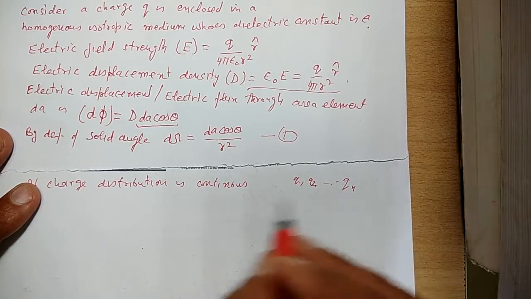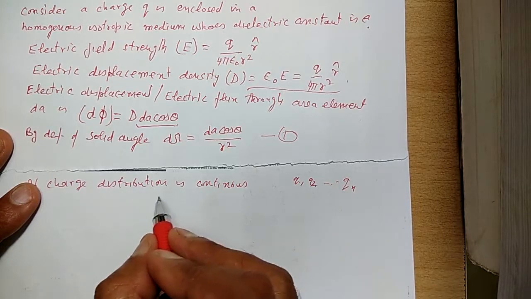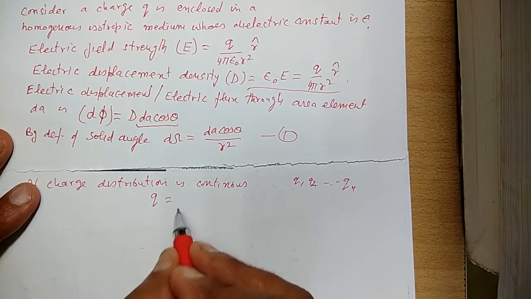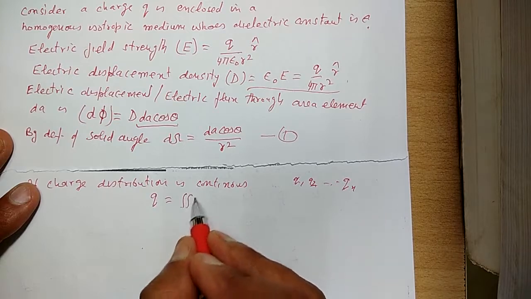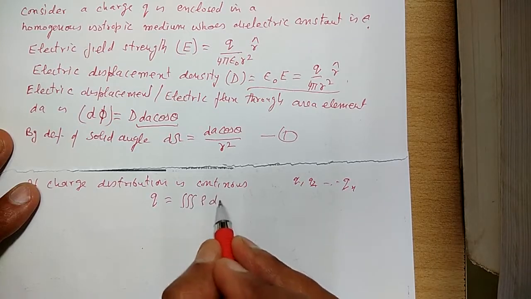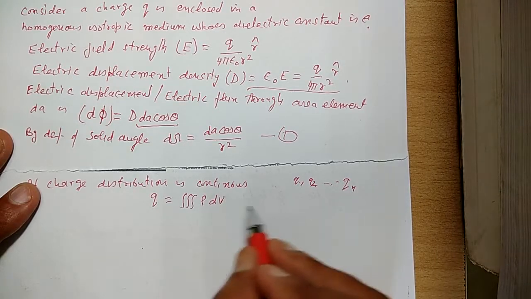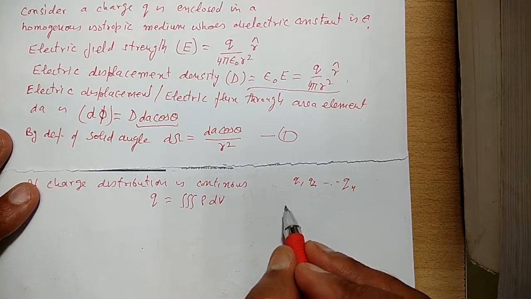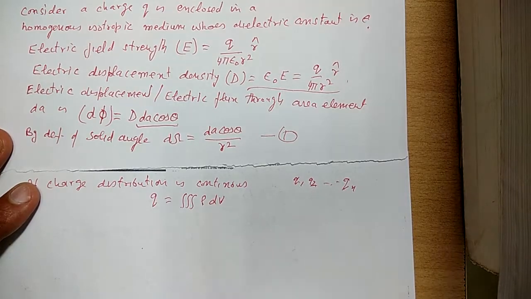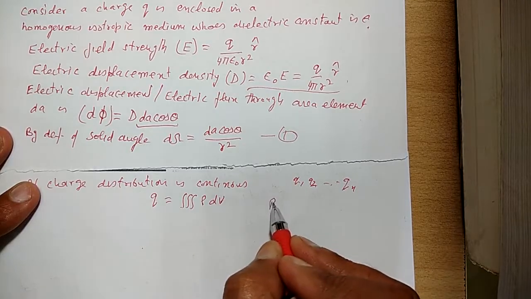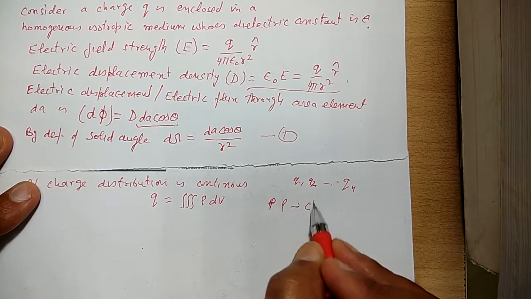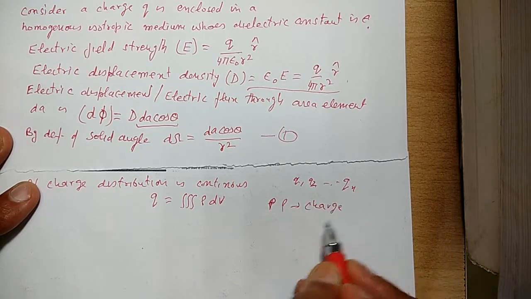So in that case we can replace this charge q with the density, or we can write like this: volume integral of rho into dV. This is the volume charge density. Rho is volume charge density.